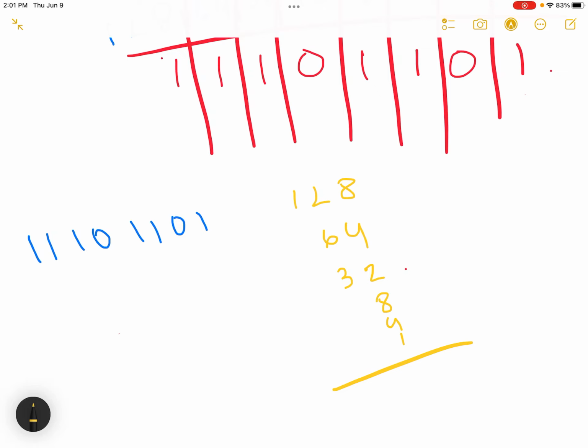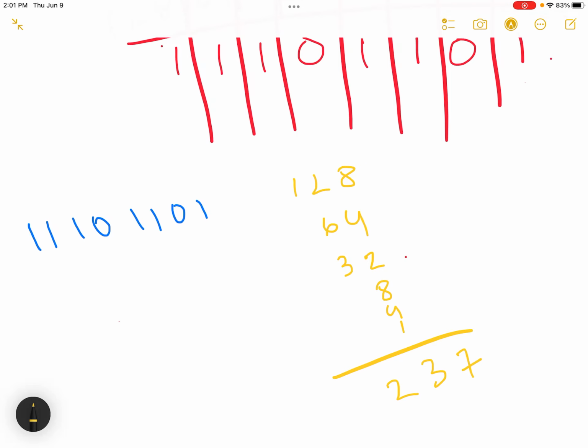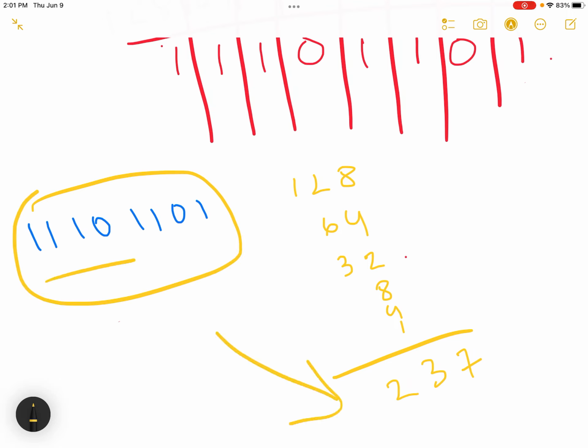So the number in decimal is 237. So this is how you convert a binary number to a decimal number.